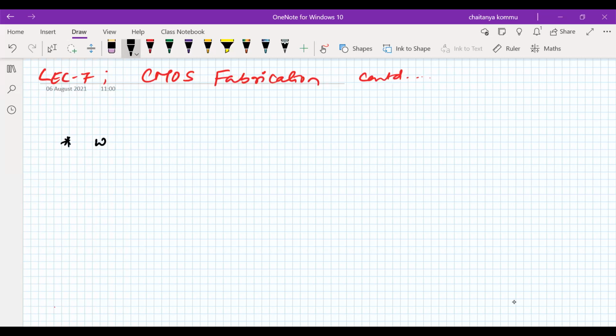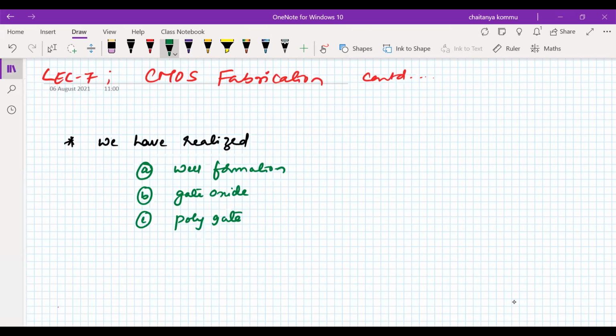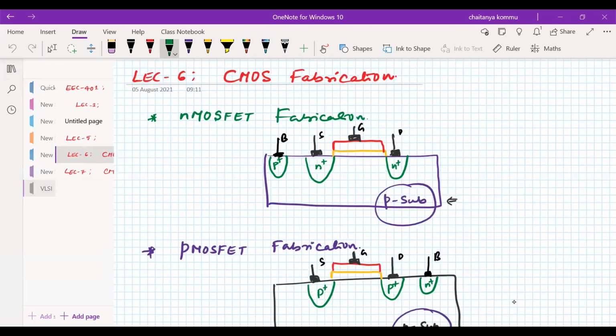In the last class, we completed the well formation, which is based on diffusion, and then we formed the gate oxide, and then we realized the polycrystalline silicon poly gate.